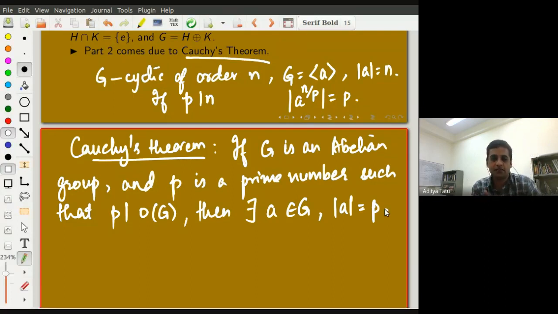Once again, let me repeat the statement of this theorem. We are not going to prove it. If G is an abelian group, not necessarily cyclic, it can be any abelian group, and if you give me a prime number which divides the order of the group, then it is guaranteed that there will be an element in the group G of that order p.